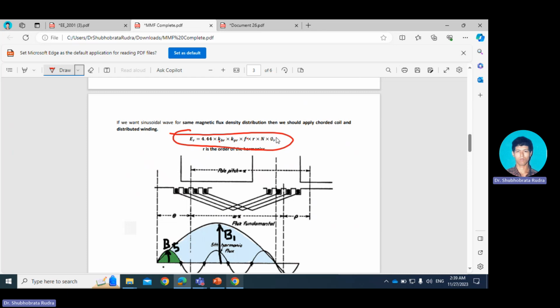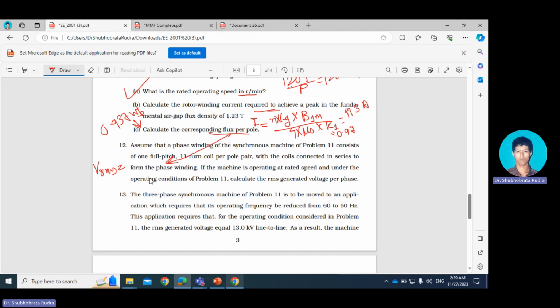In this formula, flux per pole is which we got from the previous case, 0.937. So the total answer, if you evaluate, it will come around 8.24 kilovolt. Correct.